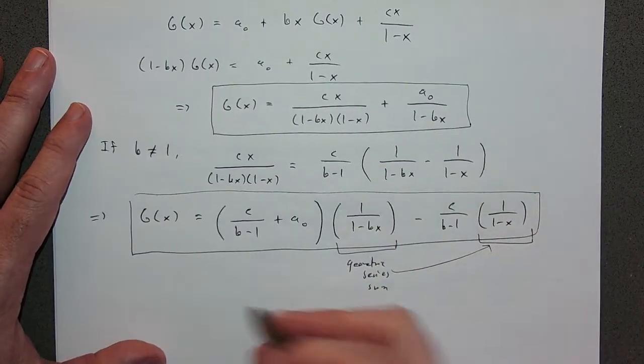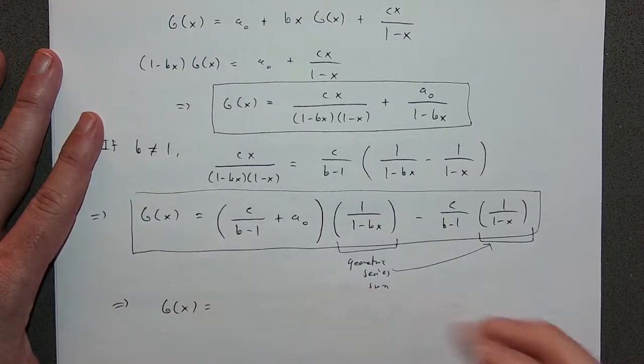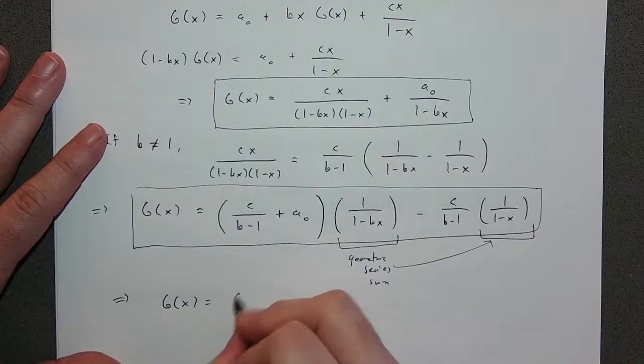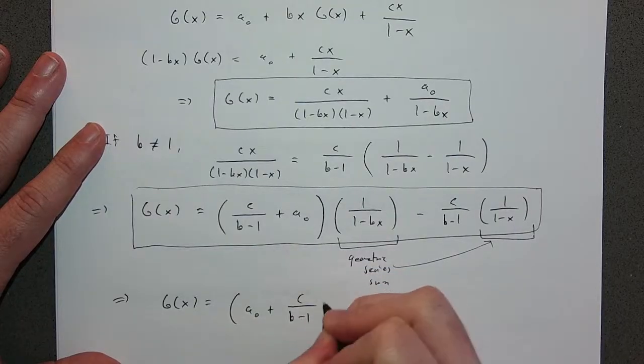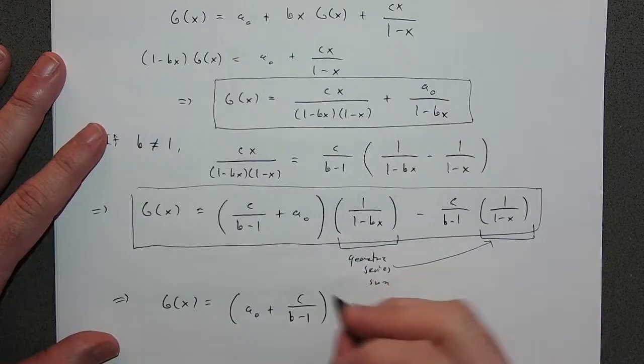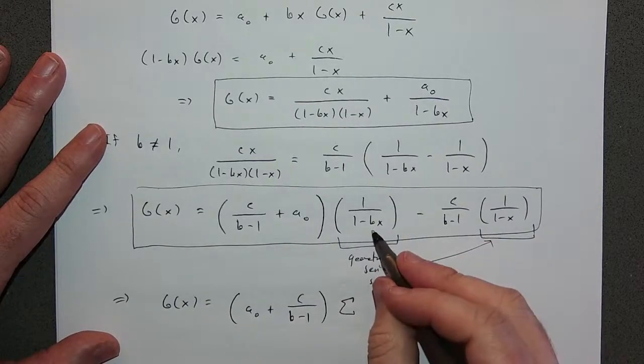And so g of x is a naught plus c over b minus 1 times the sum, which is the geometric sum with bx plugged in.